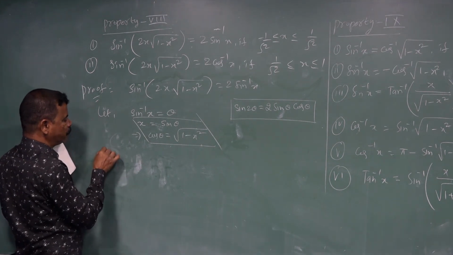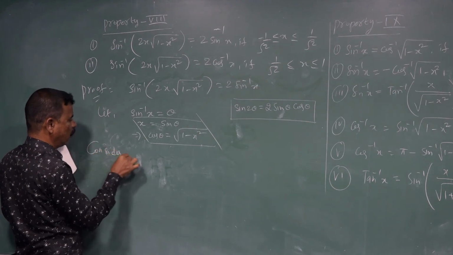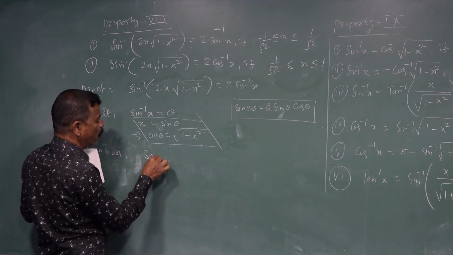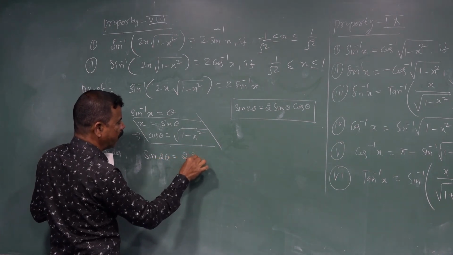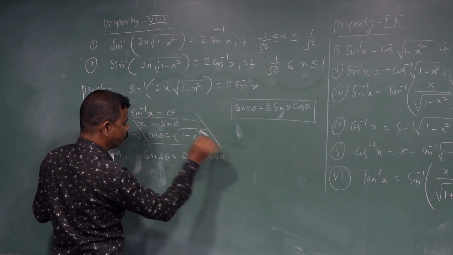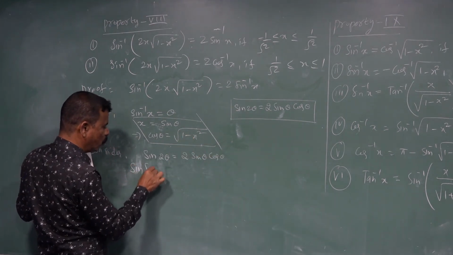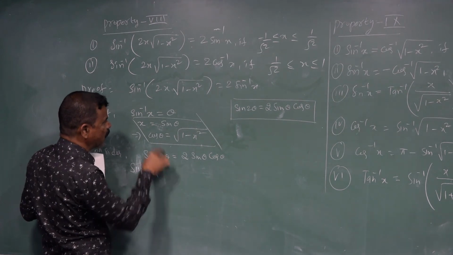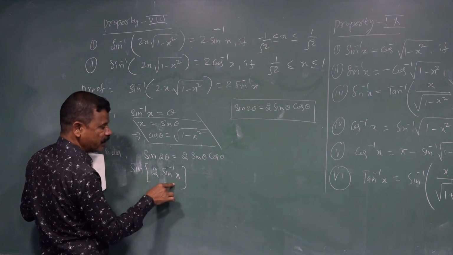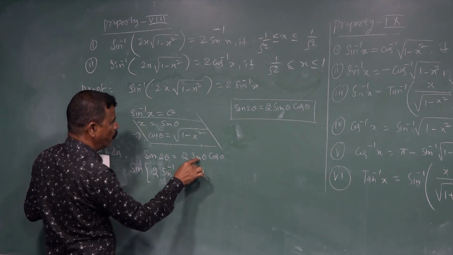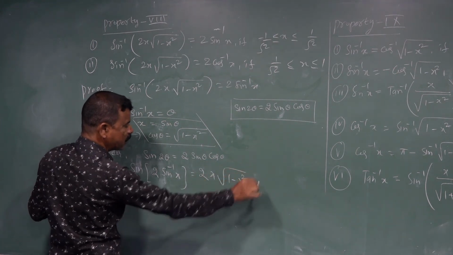Now consider sin 2 theta equals 2 sin theta cos theta. In this, 2 theta is what? 2 sin inverse x is equal to 2, where sin theta is x and cos theta is under root of 1 minus x square.